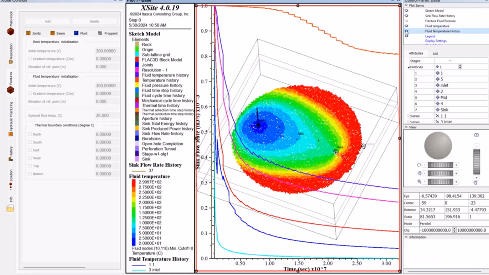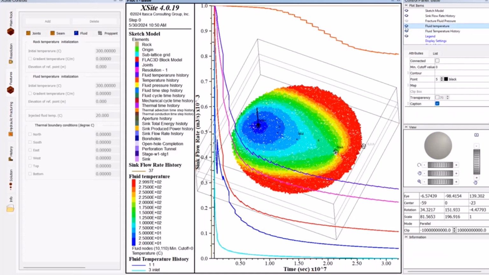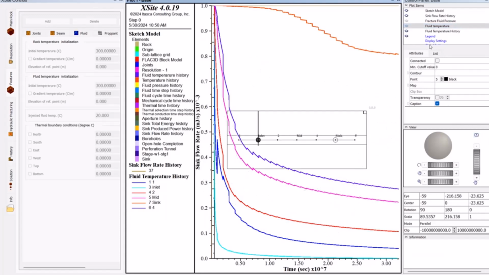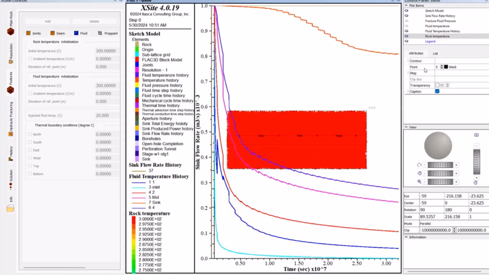What are the temperatures in the rock? So we can contour those. Because now we're seeing temperatures on the outside boundary, we need to make a kind of cross section through the fracture.